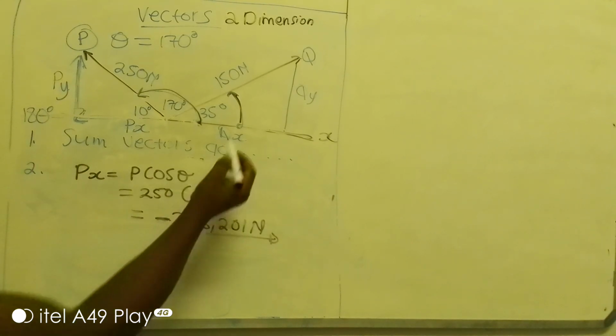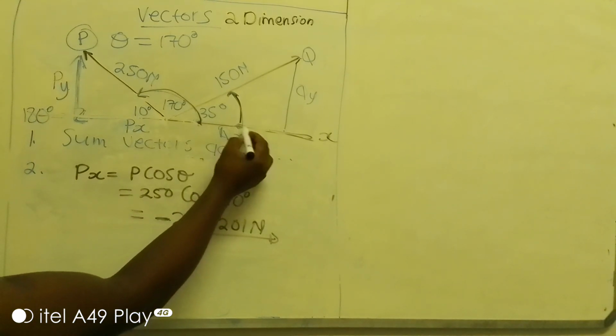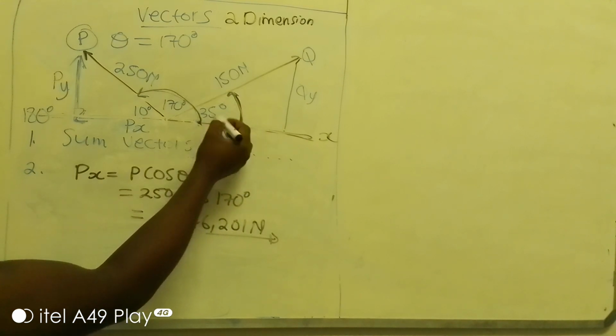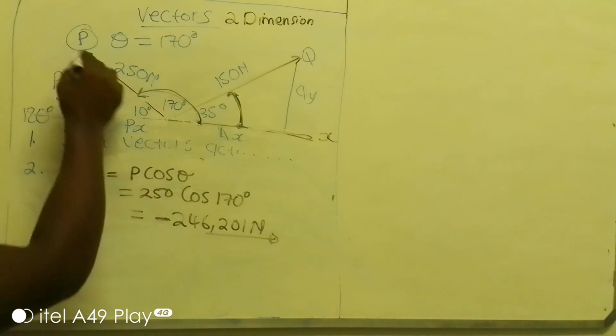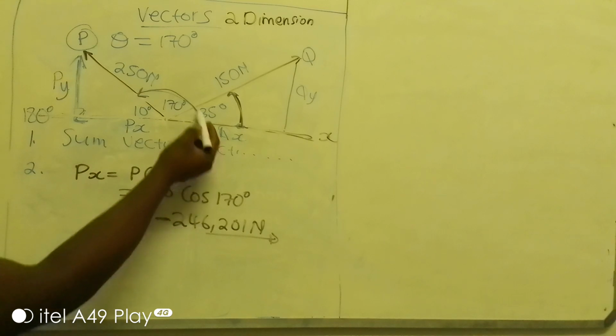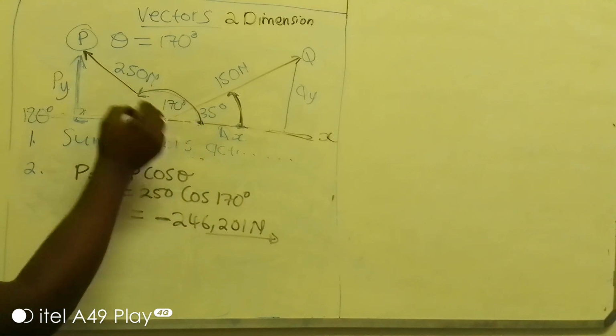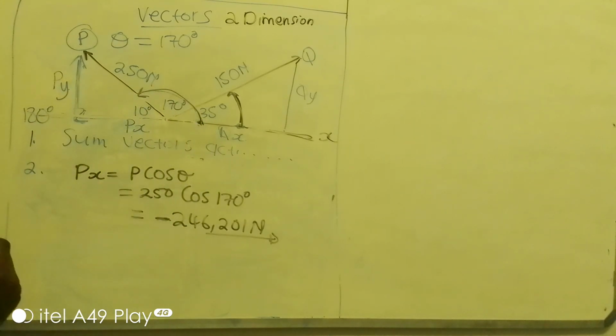Just like here, from the positive to the vector itself is 35. For vector P, positive to the vector itself is 170, not 10. 10 is just a reference angle, the angle you use to find the actual theta. I hope this part is clear.